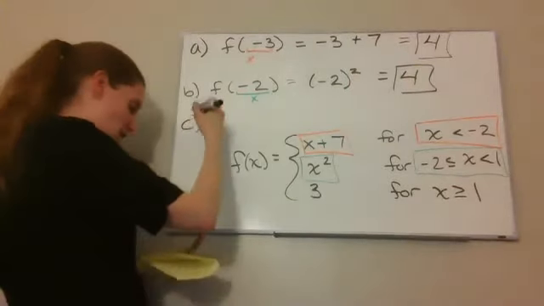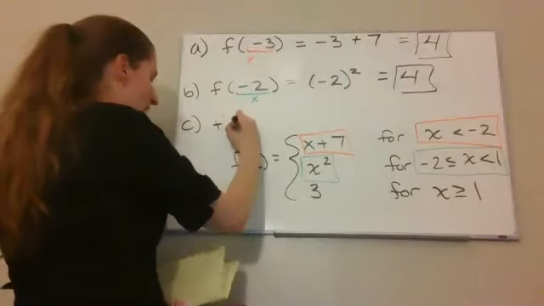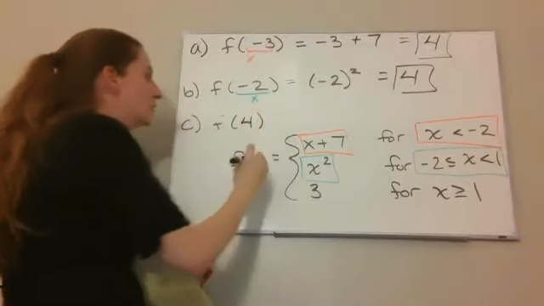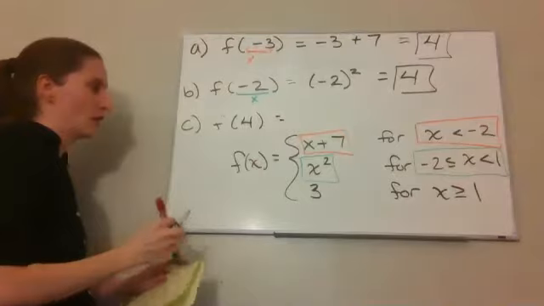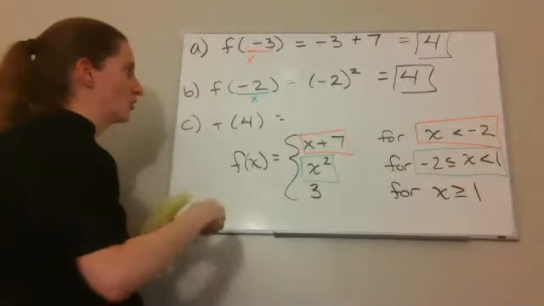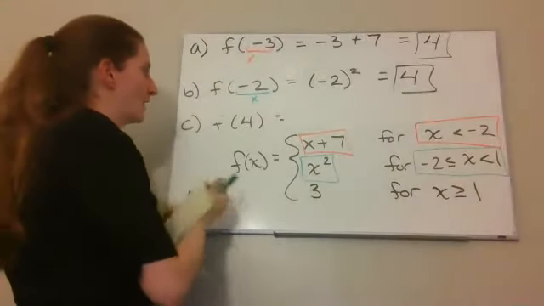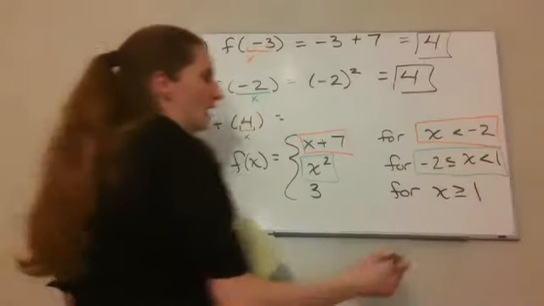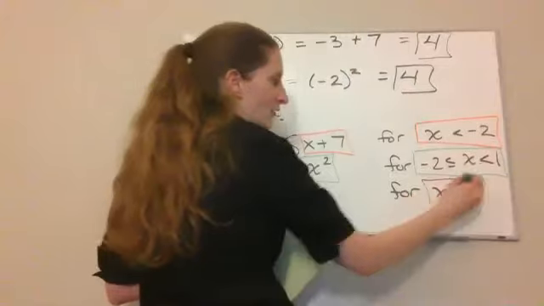Last one, just to make sure we got it, let's find f of 4. Just like the other ones, we have to look to find where our x value fits. My x value is 4, and 4 happens to be greater than or equal to 1.